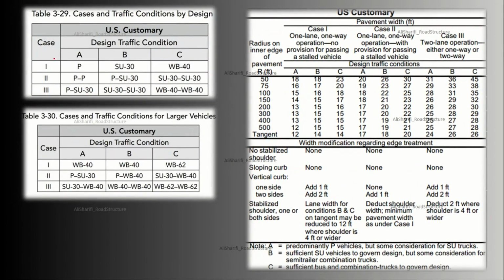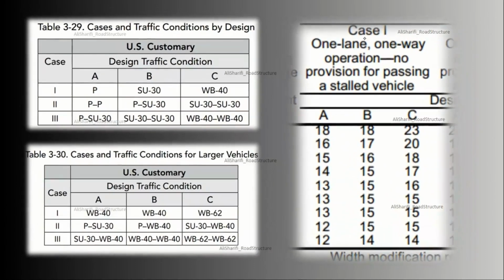For example, for case 1 and traffic condition A, this table says a turning roadway with traveled way widths of these figures will accommodate a passenger car with full lateral clearances, and it's still wide enough to accommodate an occasional WB-40 with lesser lateral clearances, at least half of those provided for passenger cars.